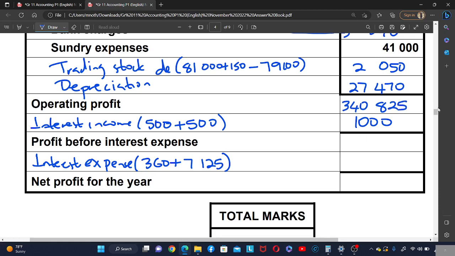So to get the profit before interest expense, say operating profit plus interest income, so it's going to be 241,825. Then if you add these two interest expenses, you're going to get 7,485. So we know that you must subtract the expense, which is going to give you the net profit of the year.